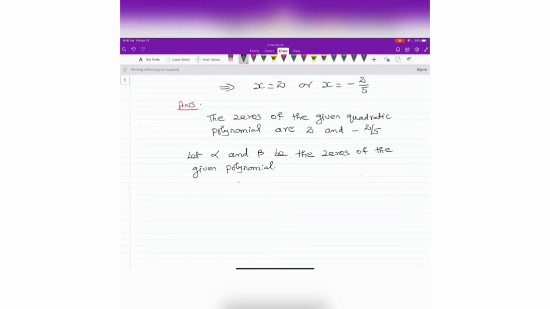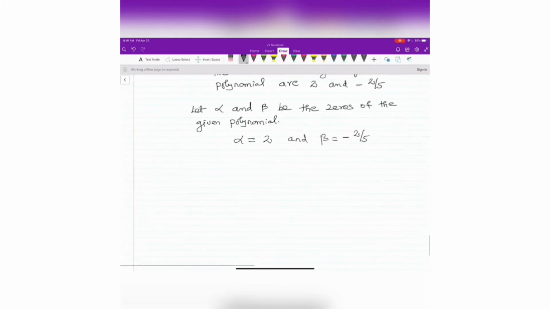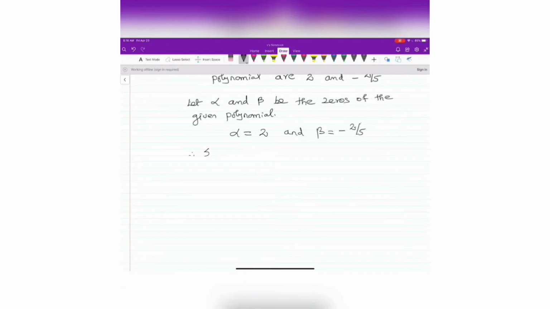So, I can take alpha is equal to 2 and beta is equal to minus 2 by 5. Therefore, sum of the zeros is equal to alpha plus beta is equal to, substitute the values here, 2 minus 2 by 5, which is equal to 10 minus 2 by 5, which is 8 by 5.